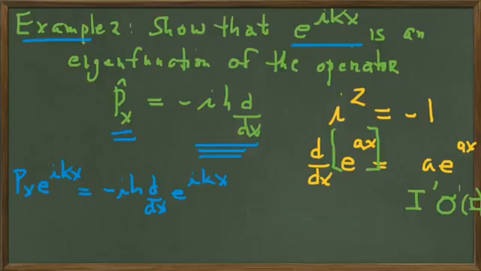So we're applying the operator p sub x to the function e to the I kx, which means we're taking the derivative of e to the I kx and multiplying that by minus I h.